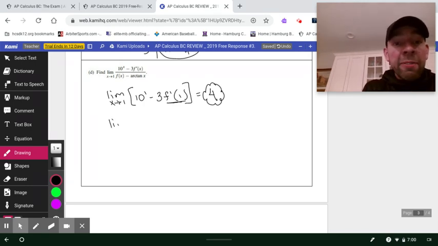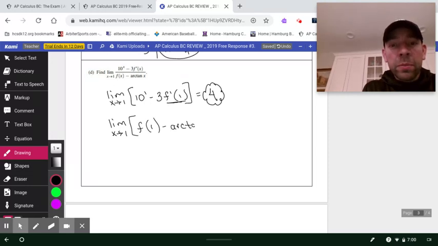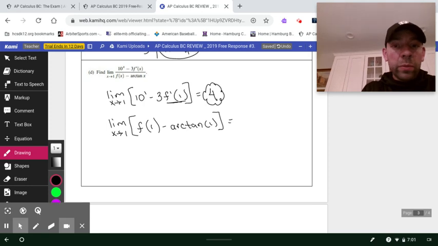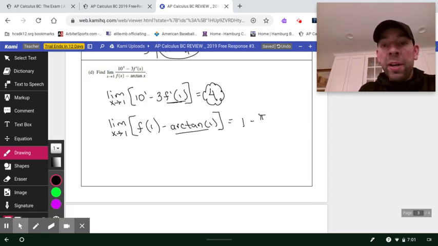Now, let's go ahead and evaluate the limit of the denominator while we're at it. So we've got f of 1 minus arctan of 1. And f of 1, from reading that graph, is 1, and the arctangent of 1 is going to be pi over 4.